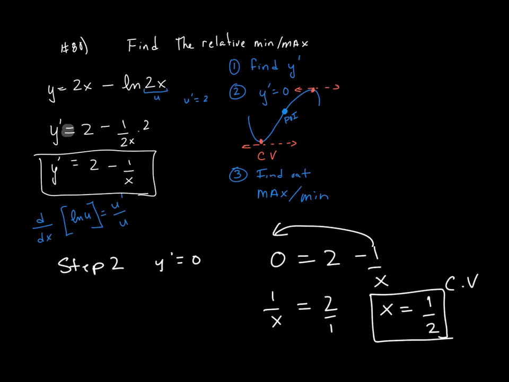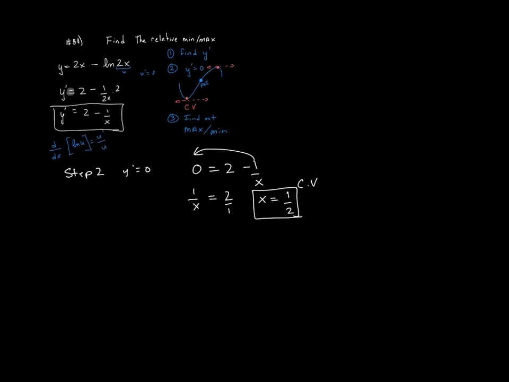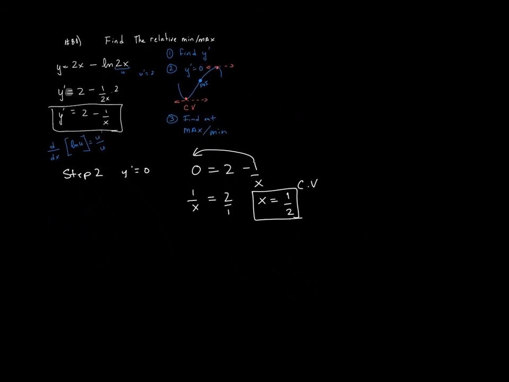Now we have to find out if that is a relative minimum or a relative maximum. So at this point we can go ahead and do this 2 different ways. First way is to use the second derivative test. If I go from y prime, that was 2 minus, I'm going to rewrite that as x to the negative 1.